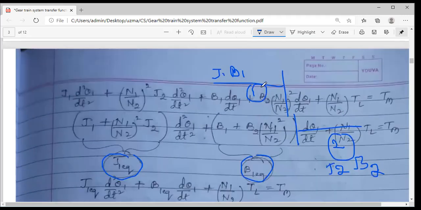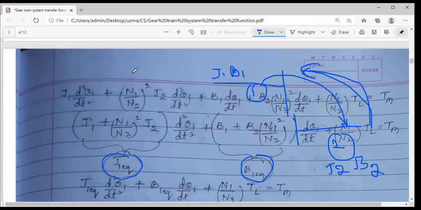The possibilities are, you can reflect shaft 1 elements over the second, or you can take it the second way. When you take the elements of the second over the first, collectively we call the elements mechanical impedances. When you reflect shaft 2 over shaft 1, what ratio do we have to take?